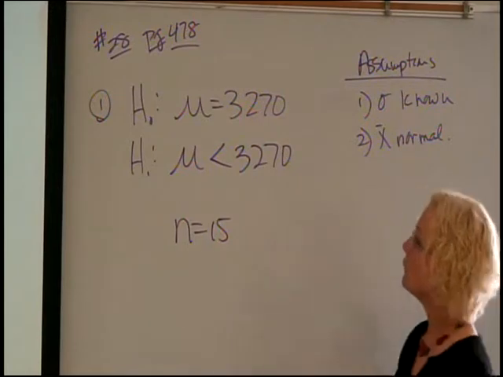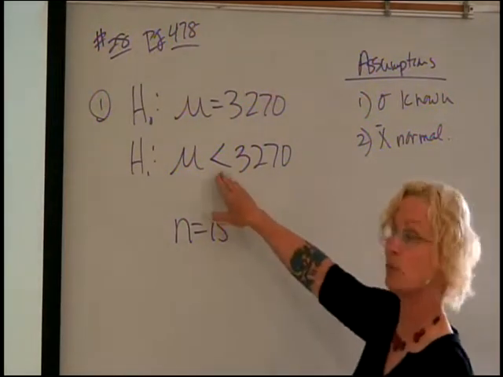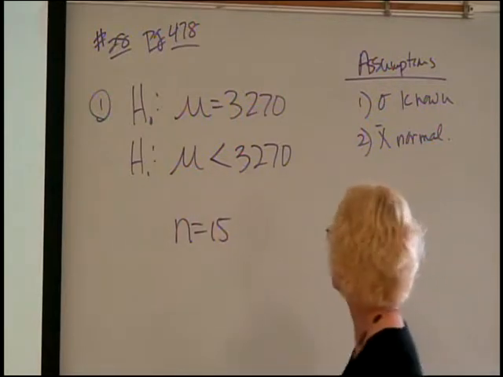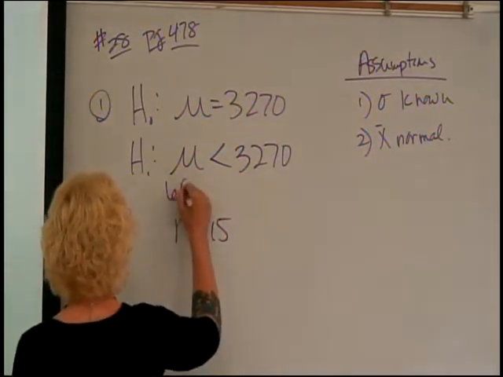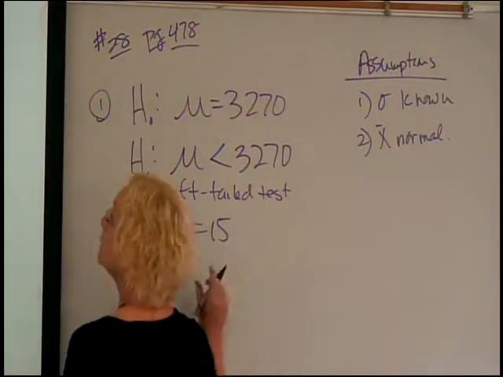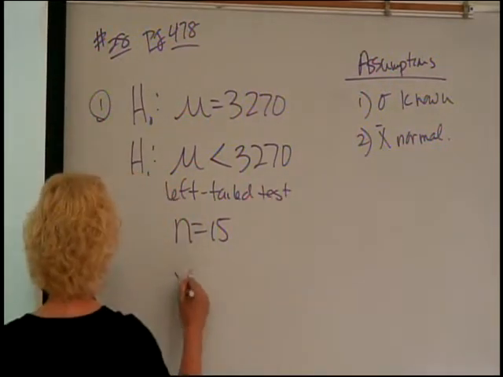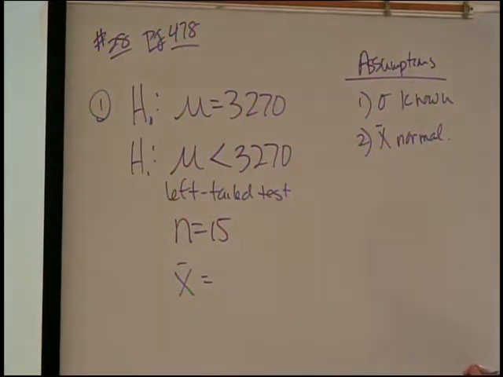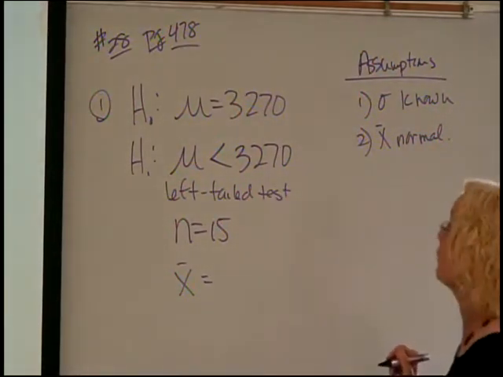Okay, so then we pull our information out of the problem. And you're right, Scott, this indicates that we have a left tail test. So we have a sample size of 15. Our sample mean is 3080.